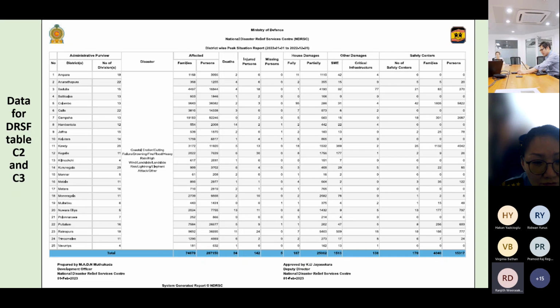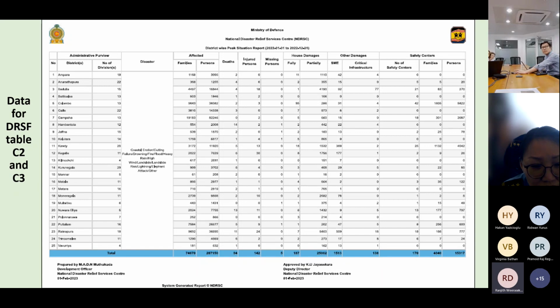They already collect the district and number of divisional secretariat divisions, the affected families and people, number of deaths and injured population and the missing population, house damage, fully damaged houses and partially damaged houses. Likewise, you can see a lot of data in this format. Now we can use this database to fill our C2 and C3 databases.